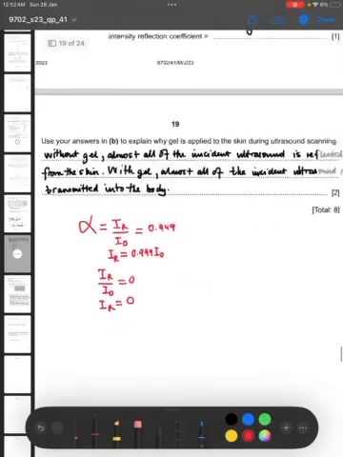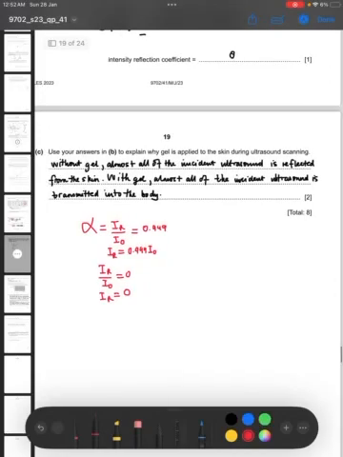So let's come to the question. Use your answers in B to explain why gel is applied to the skin during ultrasound scanning. So I'll read my answer and try to use what we have just said. Without gel, as we saw, almost all of the incident ultrasound is reflected from the skin.